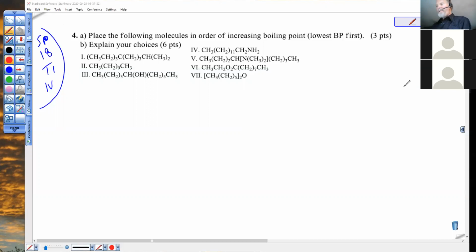It won't be there either. It looks like this, your test: 5 molecules instead of 7. Feel free to use these Roman numerals. You don't need to redraw any of these molecules. It says from lowest BP first, that means highest BP last. You can do your explanation like this. I'm not going to grade if you're doing complete sentences.